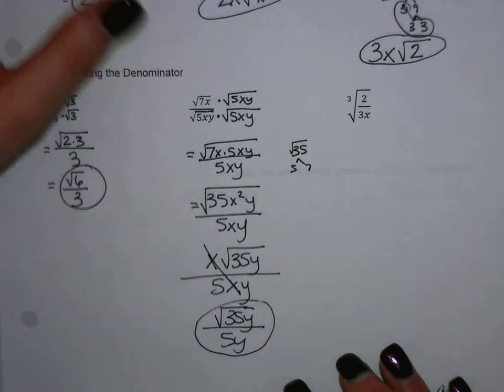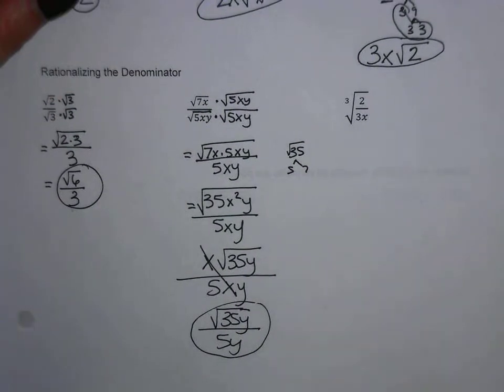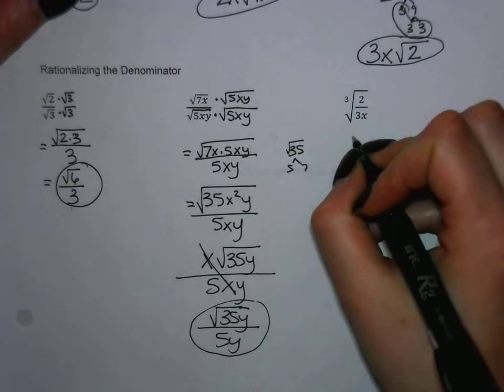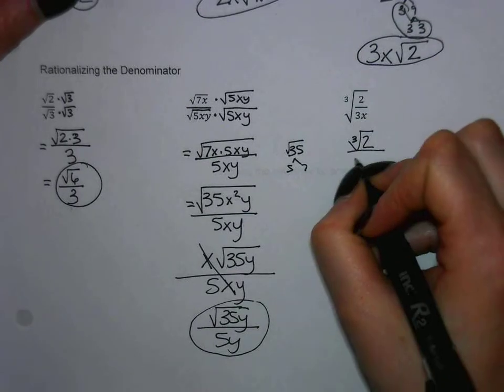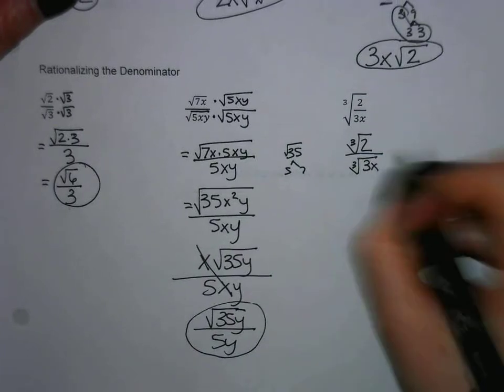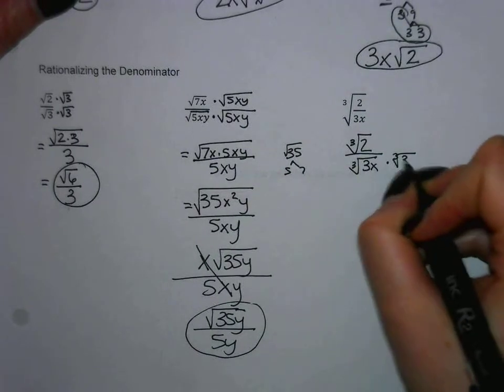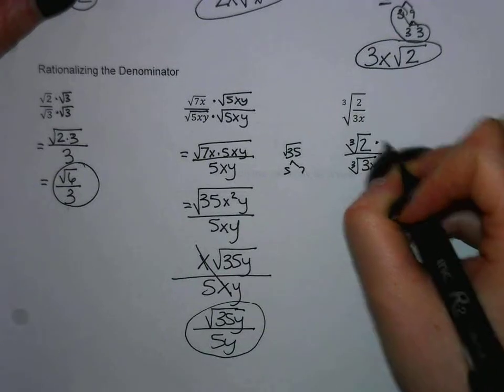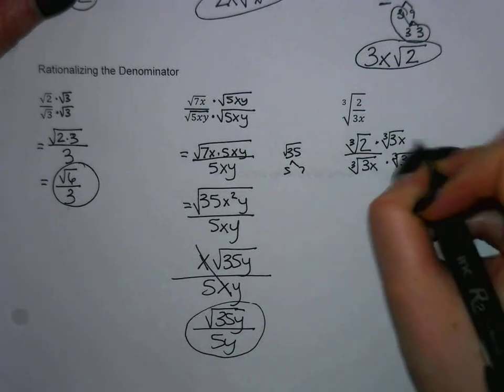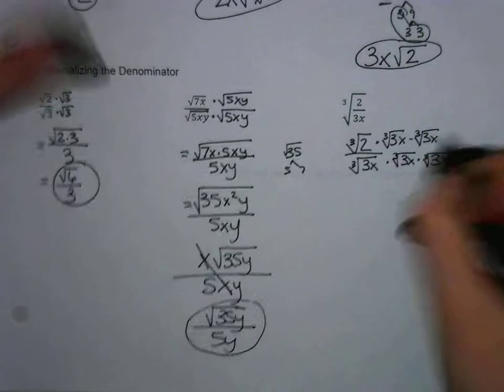So let's look at our last example. Here we have the cube root of 2 divided by the cube root of 3x. That means we need to multiply by the cube root of 3x two more times, so we have 3x.